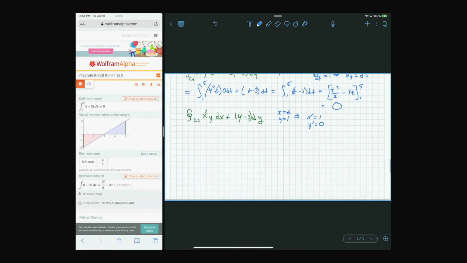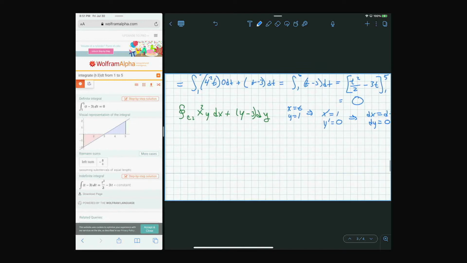You kind of have a choice here: if you write x prime 1, y prime 0, then you should write dx equals dt, and dy is going to be 0 dt. So fill them in.